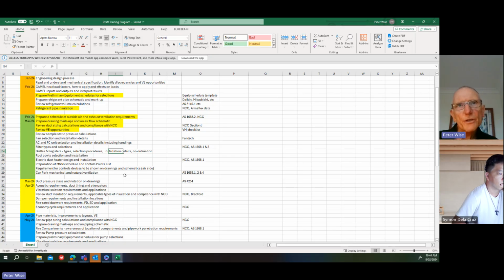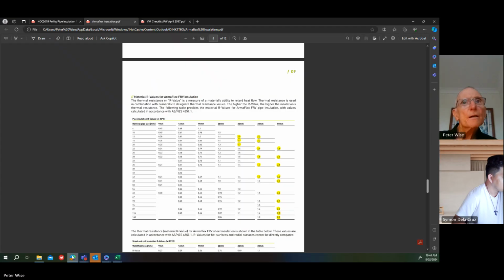But for general air conditioning, they set the limit to try and reduce the energy consumption in an air conditioning system, but a special exhaust system is a different thing. And there is an exemption in the NCC for that. So, and I mentioned VE there because, and I'll show you something I've got here.